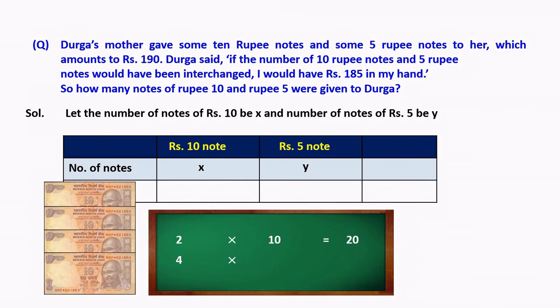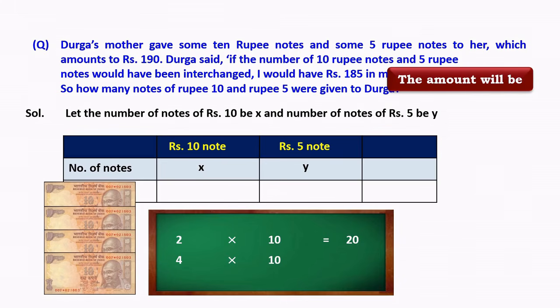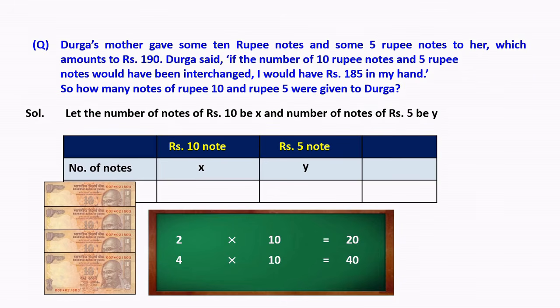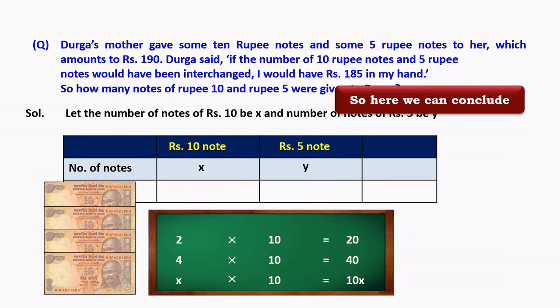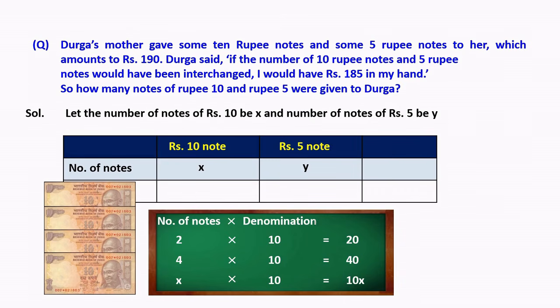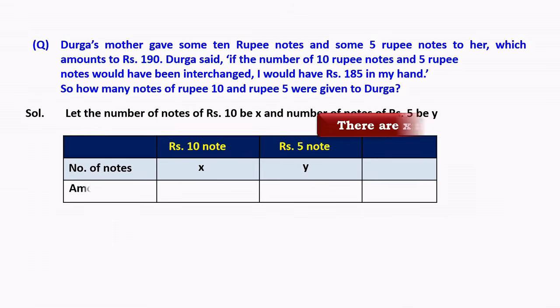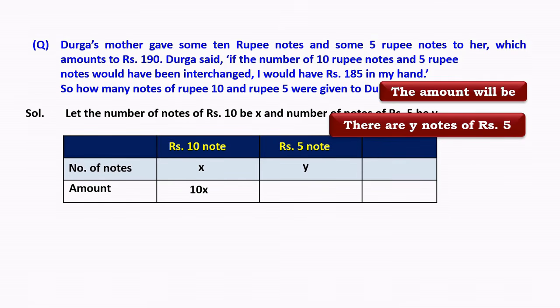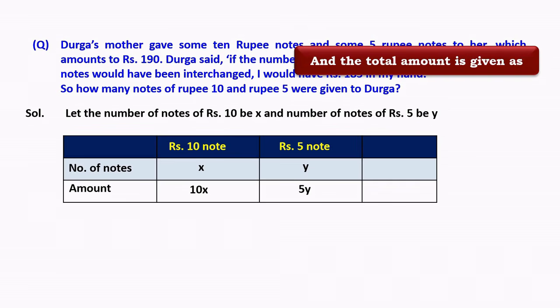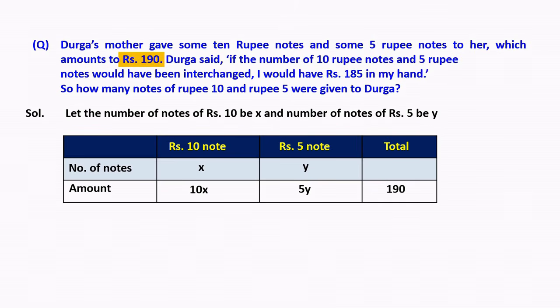So here we can conclude, number of notes multiplied by denomination gives the amount. Similarly, there are y notes of 5 rupees, so the amount will be 5y. And the total amount is given as 190 rupees.